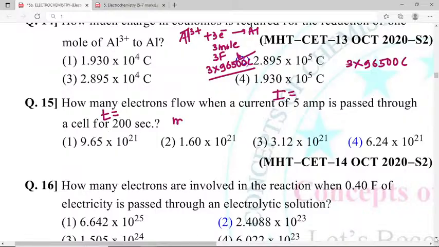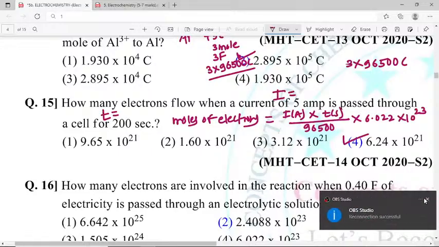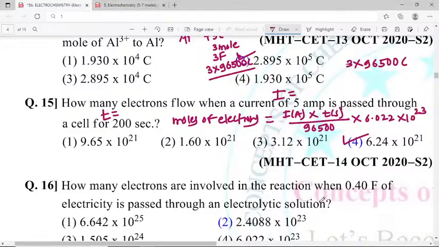Moles of electrons is equal to current in ampere into time in seconds, this whole divided by 96500, and multiply by 6.022 into 10 to the power 23. Then if you substitute the values, we get how many electrons are involved.